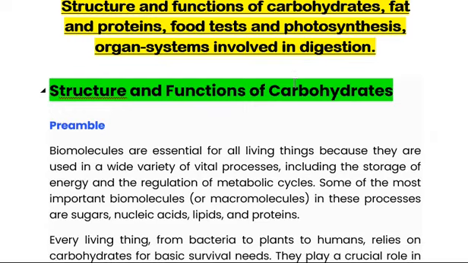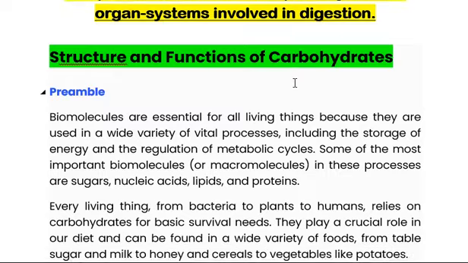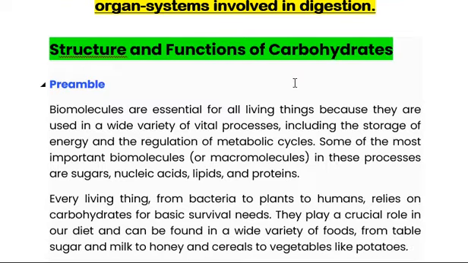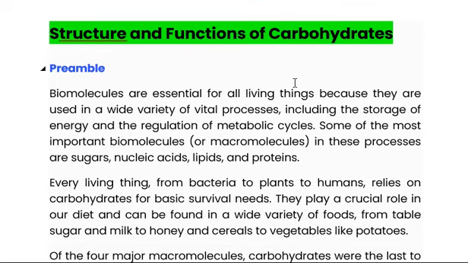The structure and function of carbohydrates. Biomolecules are essential for all living things because they are used in a wide variety of vital processes, including the storage of energy and the regulation of metabolic cycles.